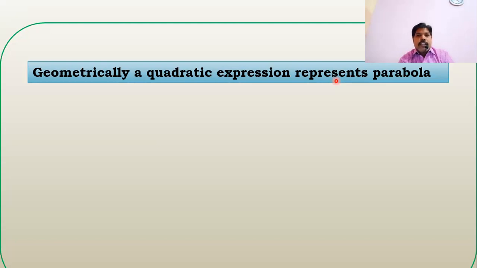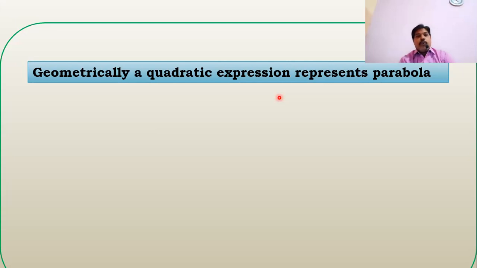So actually, there are 4 kinds of parabola. The first one is a right parabola, the next one is a left parabola, the next one is an upward parabola, and the next one is a downward parabola. So 4 parabolas are there, but here the quadratic expression we generally take in terms of x, so the parabola is either an upward parabola or a downward parabola. 2 parabolas will exist.